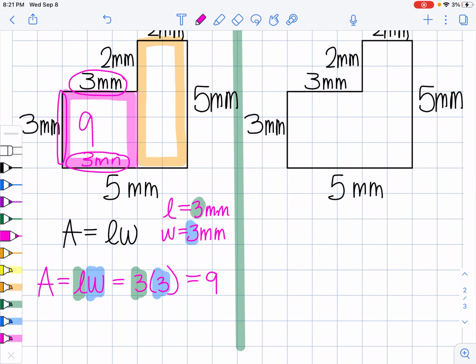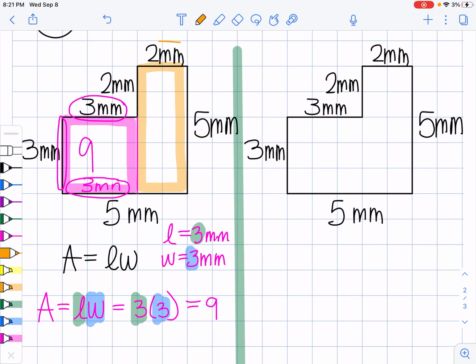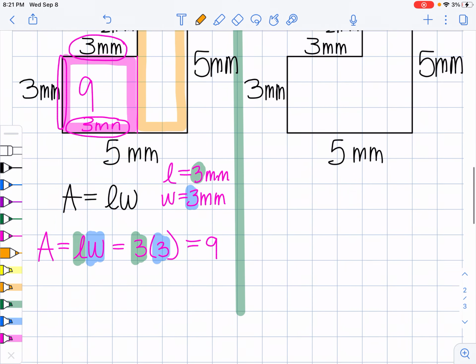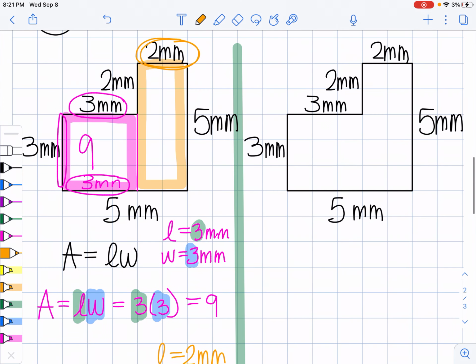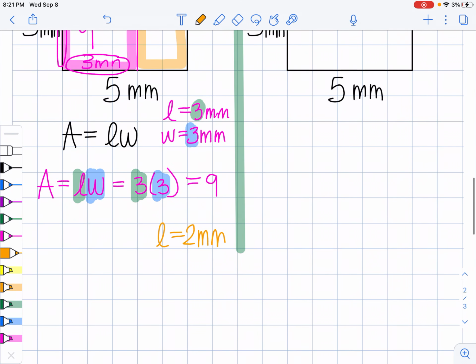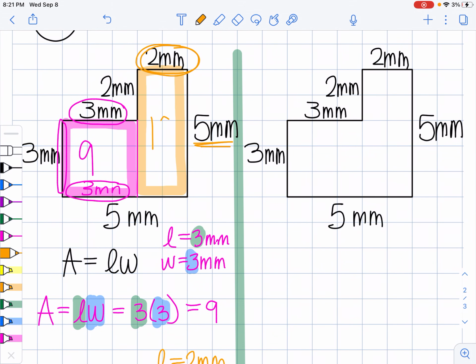Now I have to look at the orange one. My orange one has a length of 2 and a width of 5. Same formula, area is equal to length times width. So I get my length, which is 2, and my width, which is 5. I multiply these together, and I get 10. So I know that this part is 10.